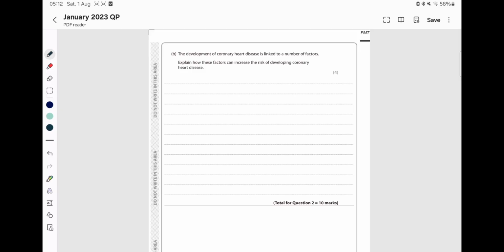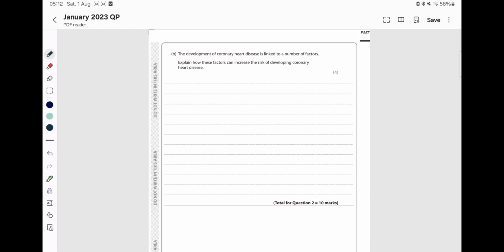Smoking is a very high risk factor for CHD, as we all know that smoking has certain contents that increase blood pressure, and increasing blood pressure increases the risk of more clots. Also, high blood pressure in general is a very important factor that increases the risk of CHD.